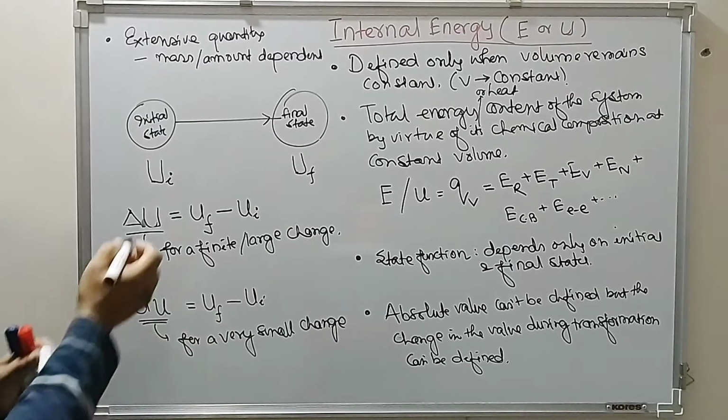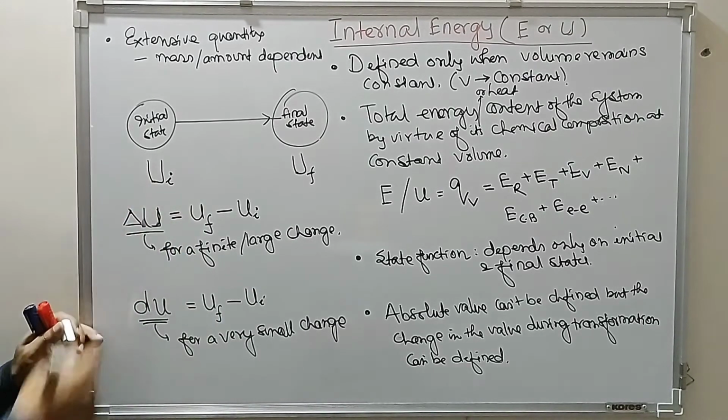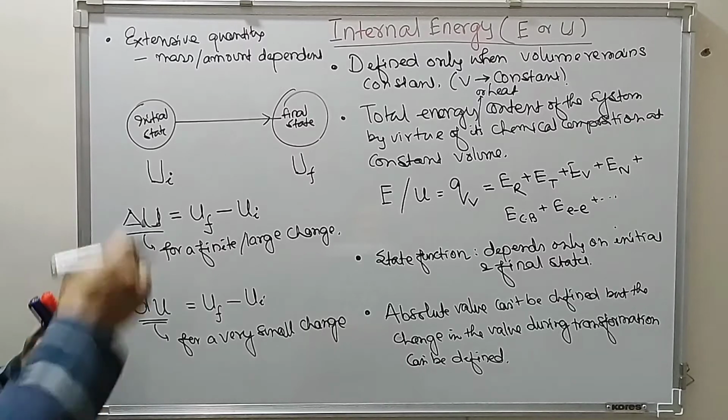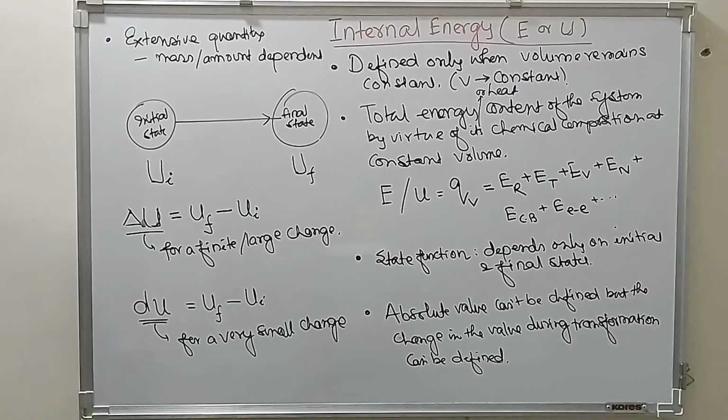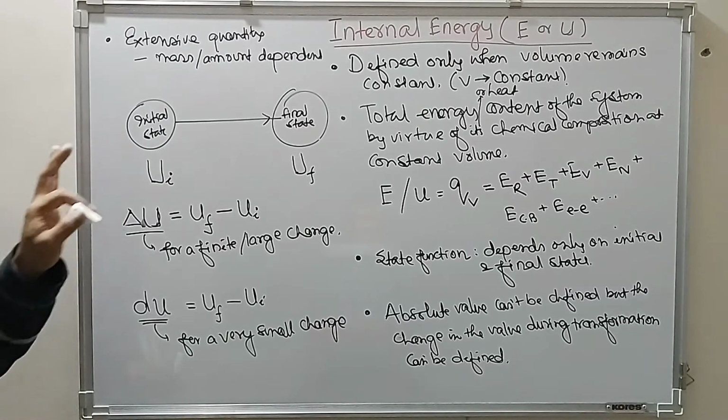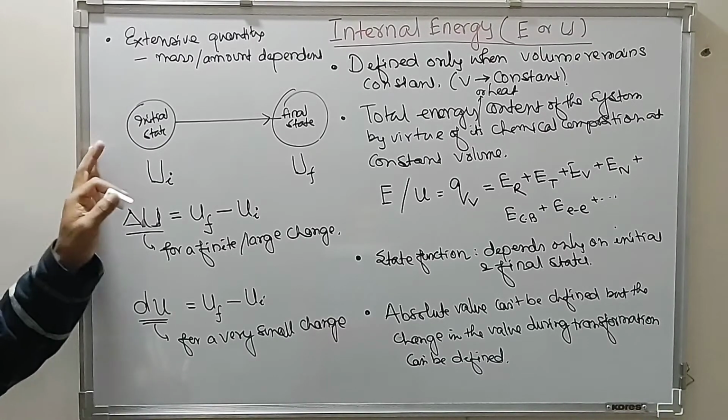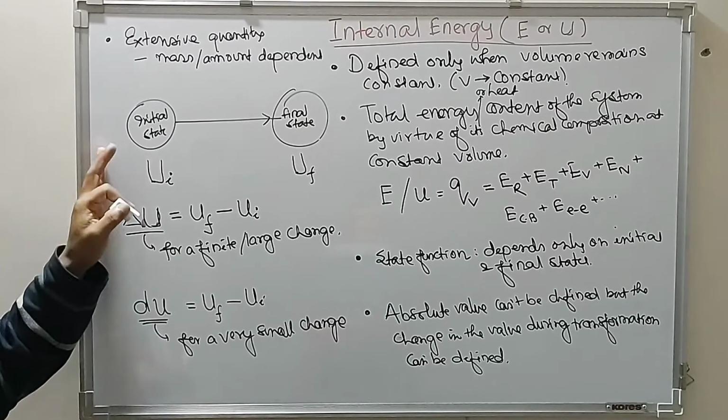So we can define this change in the value, but not the absolute values at any given point of time. So this is internal energy for a system changing from the initial state to the final state.